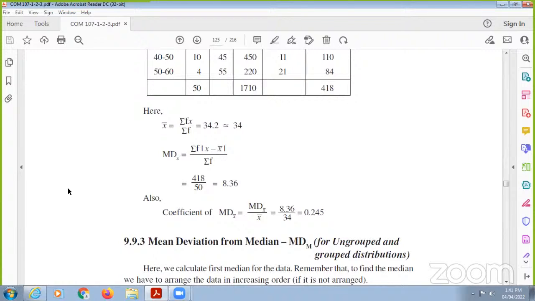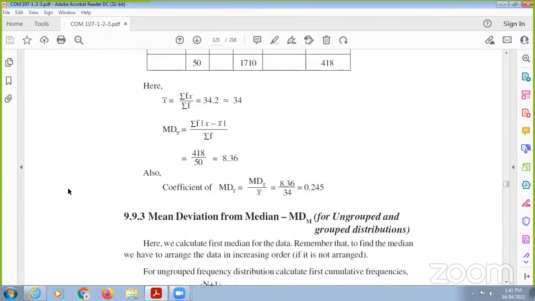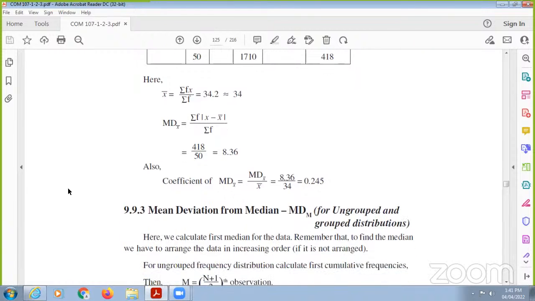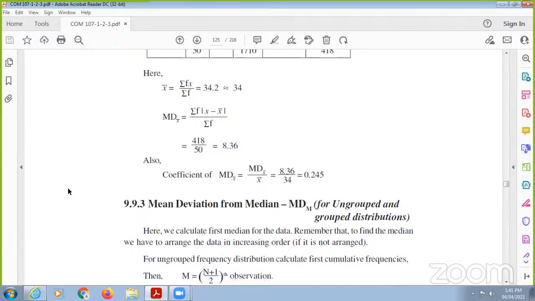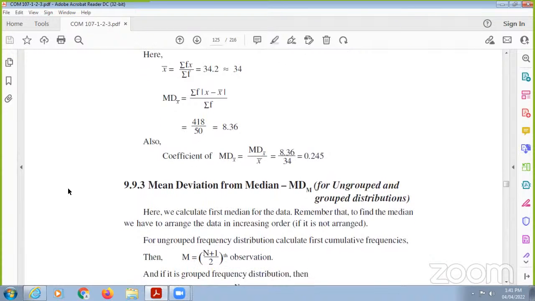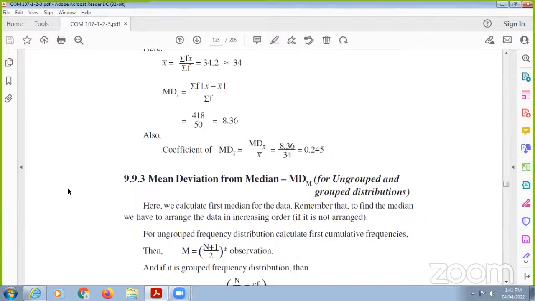Now here mean deviation from median also. Here now we shall calculate first the median for the data. Remember that to find the median, we have to arrange the data in increasing order if it is not given in order. For ungrouped frequency distribution, calculate the cumulative frequency here.